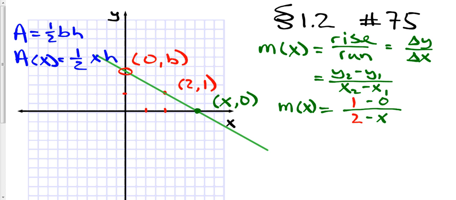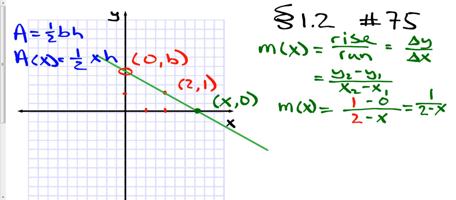So now I gotta find my B. How do I find my B of a line? First thing I do is find my slope, right? And then I plug it back into the equation, right? So let's do that. I got my slope here. Let's simplify this. 1 minus 0 is 2 minus x. Well, I can't simplify that.